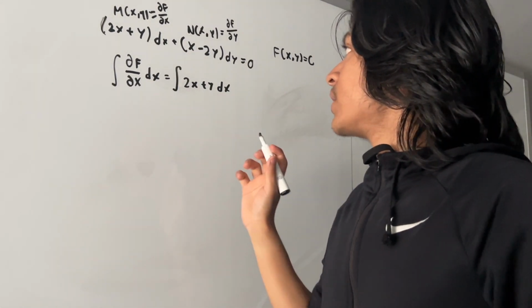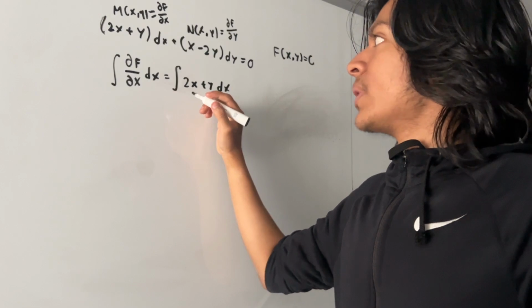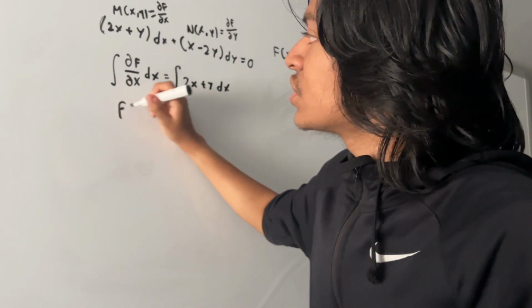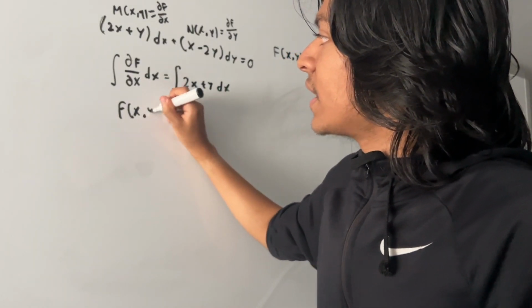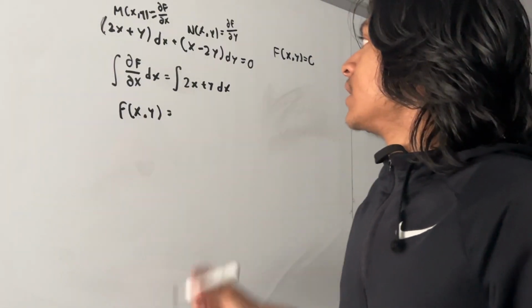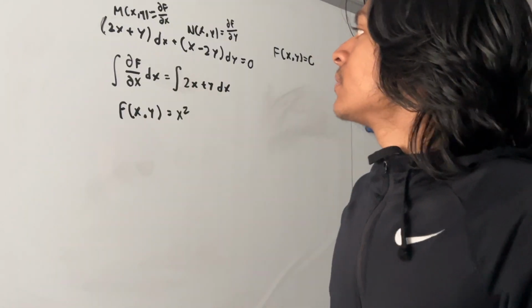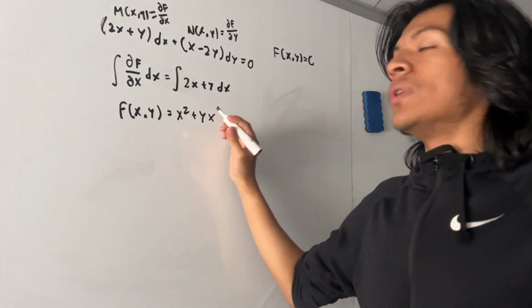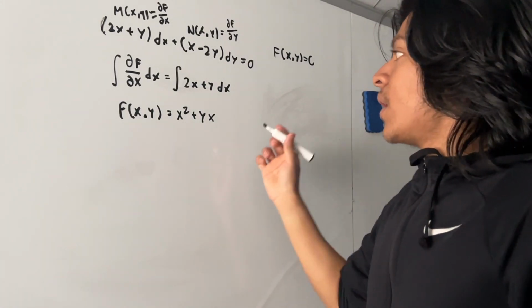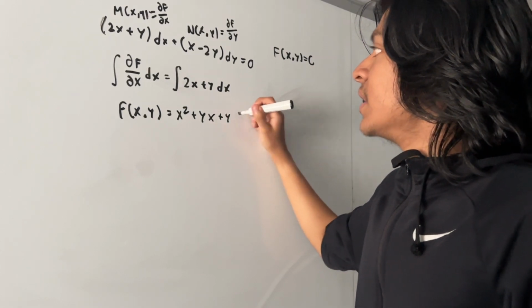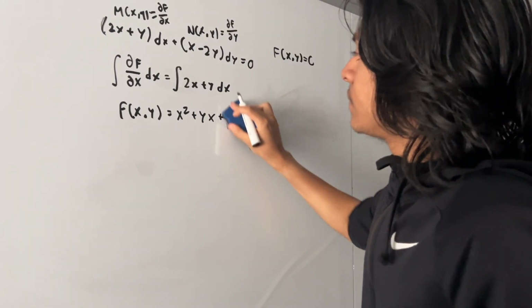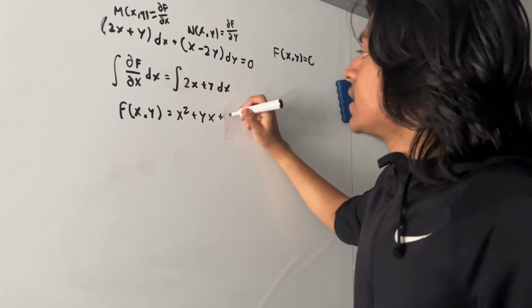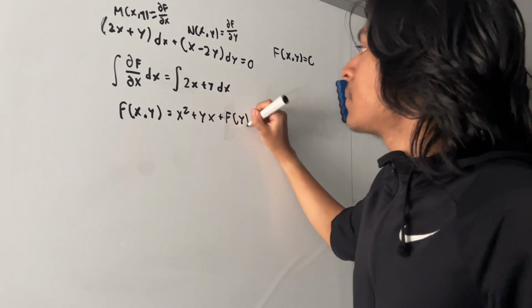Okay, so at this point, y we can treat as a constant. So our function f of x, y is going to be equal to x squared plus y x. And we do have to add a constant. However, our constant is going to be in terms of y.